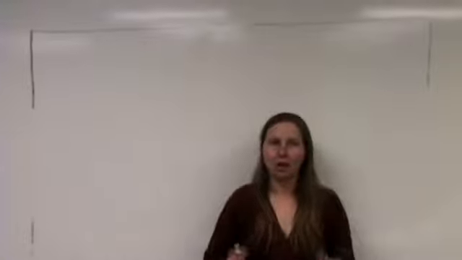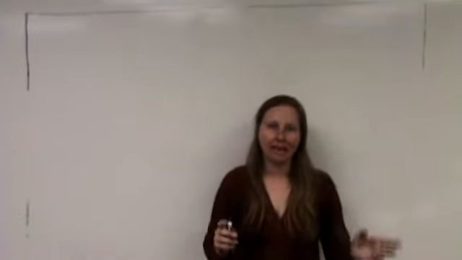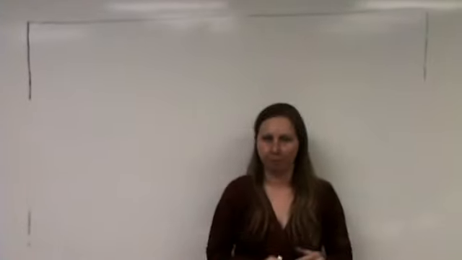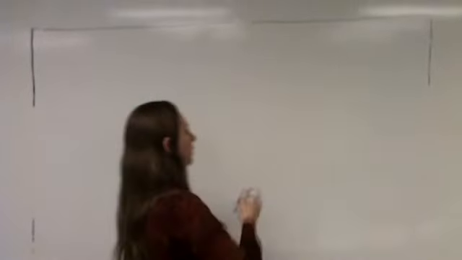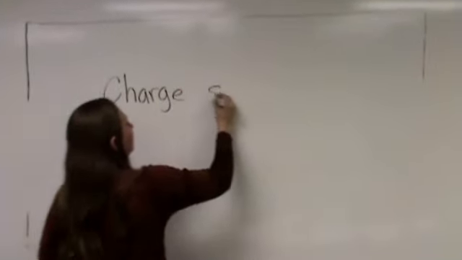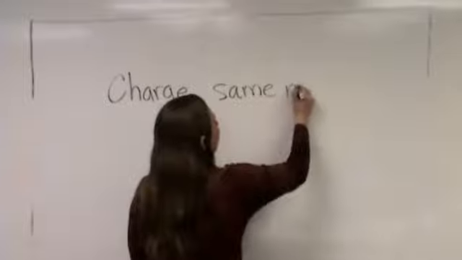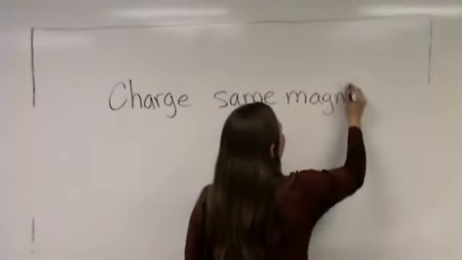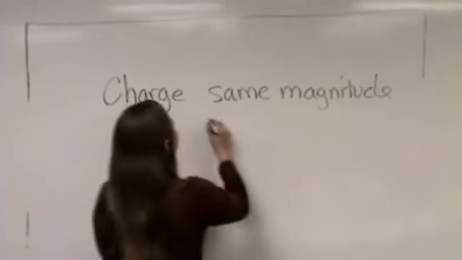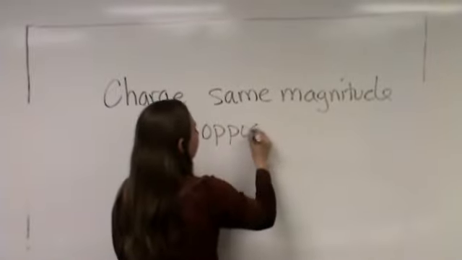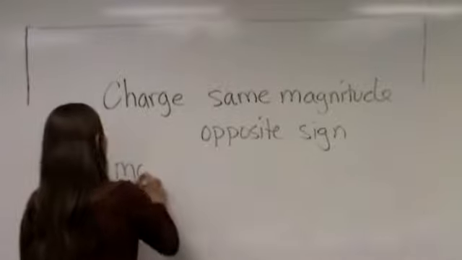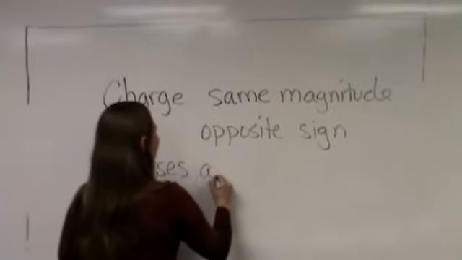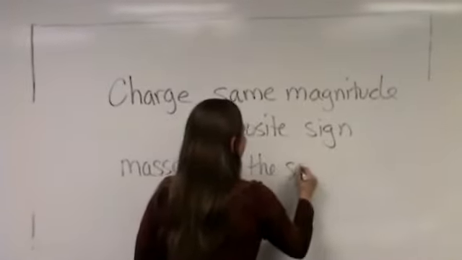The masses of the two particles, the proton and the antiproton, are the same. Right, so again, for particle and antiparticle, the charge has the same magnitude but opposite sign. The masses are the same.